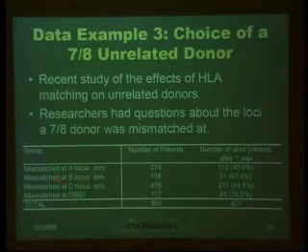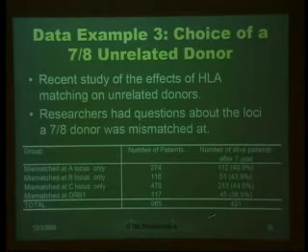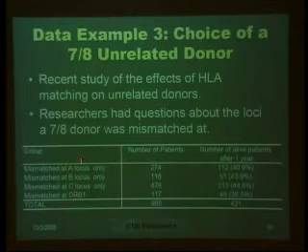So basically here I have 4 groups. The locus where the mismatch was is different here for the donors in those groups, and here I have the number of patients in each of the groups. The main question here is, well, does it matter where the mismatch is or not?